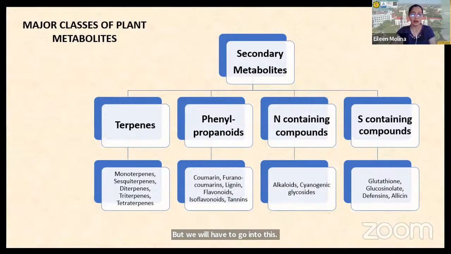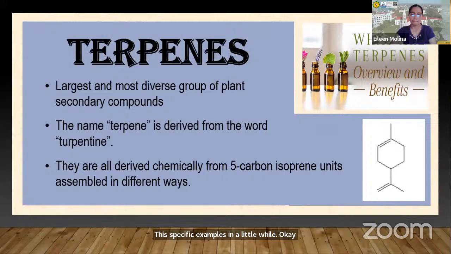Next slide. Okay, so the first one in the class of plant metabolites is the terpenes. We say that the terpenes are the largest, the most diverse group of plant secondary compounds. The name terpene, it is interesting to know, is derived from the word turpentine, and they are all derived chemically from 5 carbon isoprene units assembled in different ways.